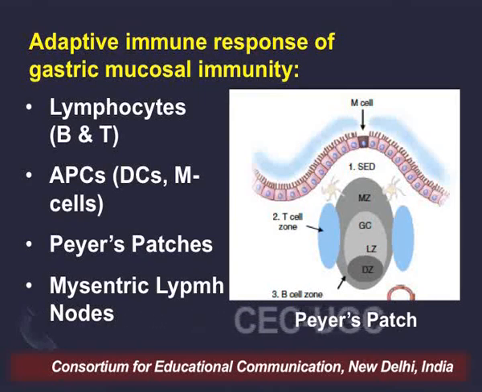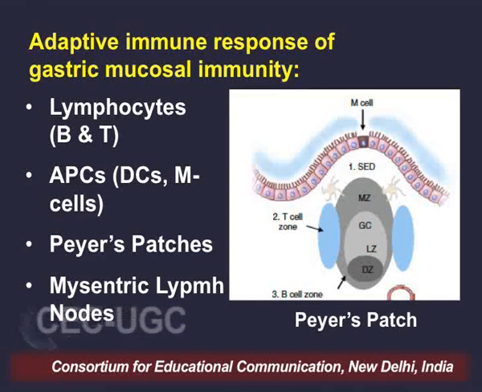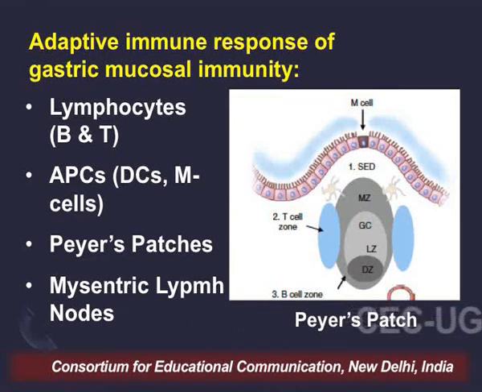Now this germinal center is surrounded by the mantle zone, as you can see in the picture, and this mantle zone is also composed of macrophages, T cells, mature B cells, which are also known as plasma cells, and they secrete antibodies, and dendritic cells.